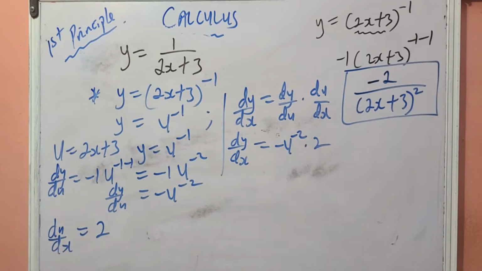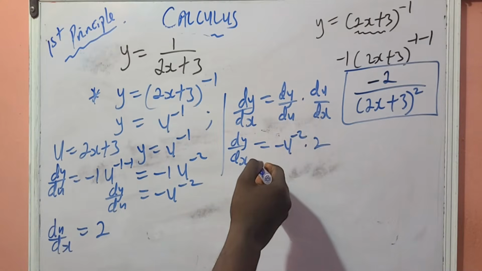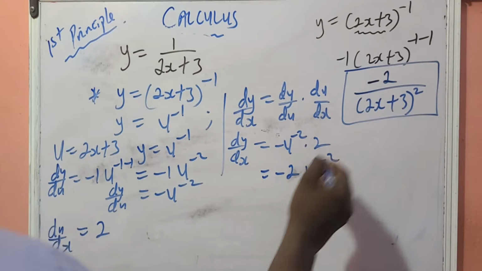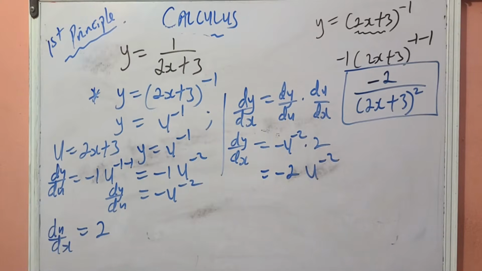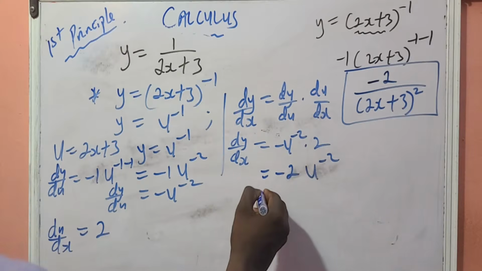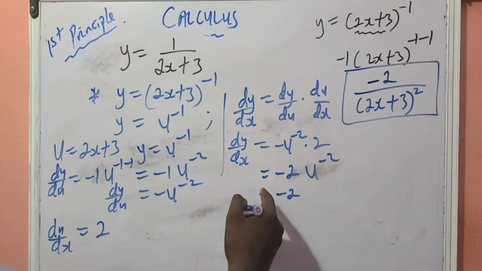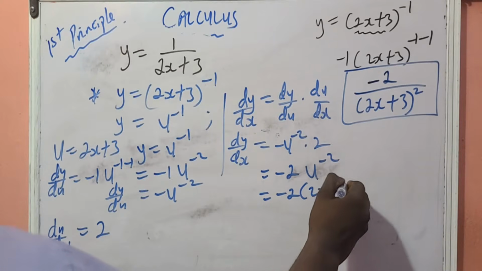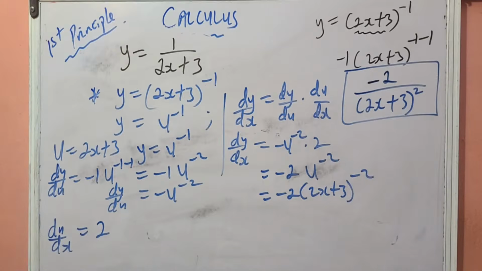So at this point, we are having minus 2u raised to power minus 2. That's just the meaning of this. So now that we have this, we can put in our u as 2x plus 3, raised to power minus 2.